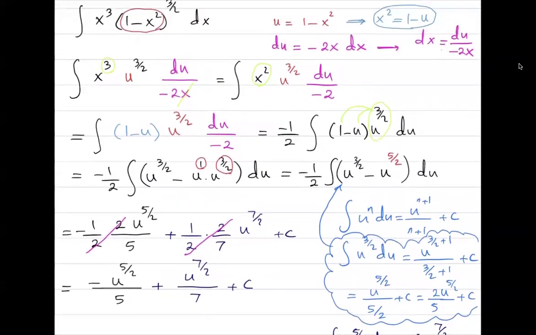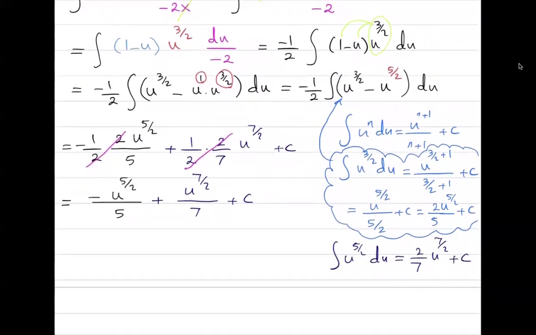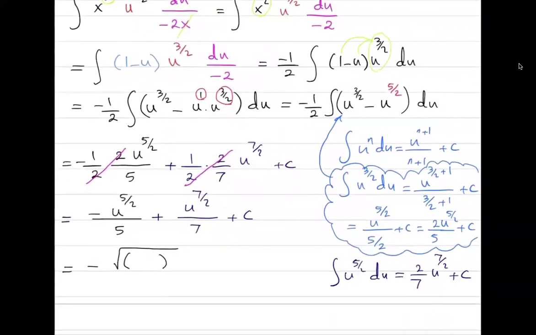But what is u? Remember that your u is 1 minus x squared. We have to substitute this back here. This is equal to negative square root of 1 minus x squared to power 5 divided by 5 plus square root of 1 minus x squared to power 7 divided by 7 plus c.